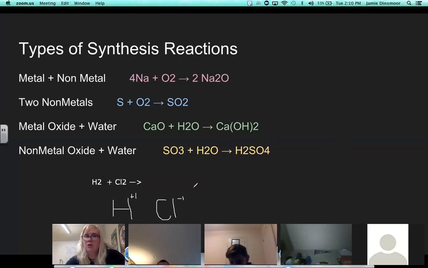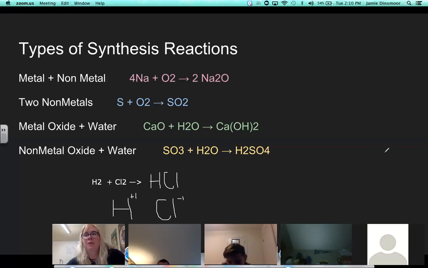No, right? They just straight up become HCl. So you're going to be tempted to do exactly what a lot of you just did, which is take these 2 and literally just put them together. Sometimes that will work, but not always. Always check your bonding. Is that how a hydrogen and a chlorine would bond? If it is, then great. If it's not, then adjust. So they don't need any subscripts.